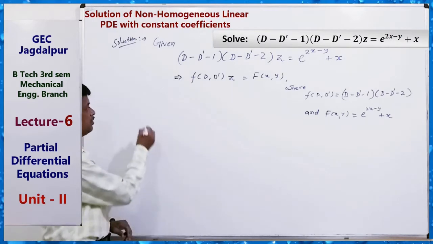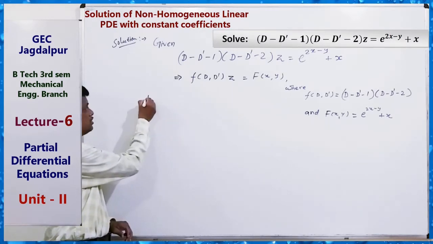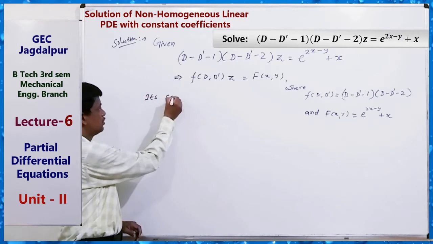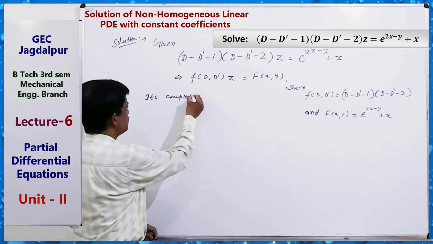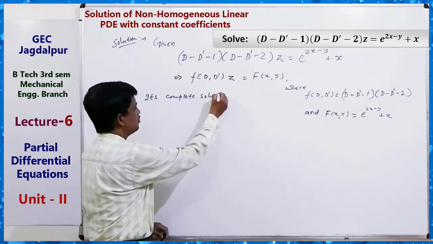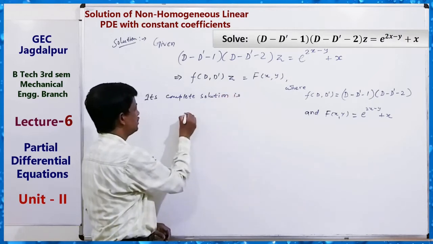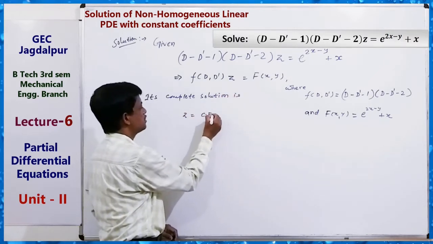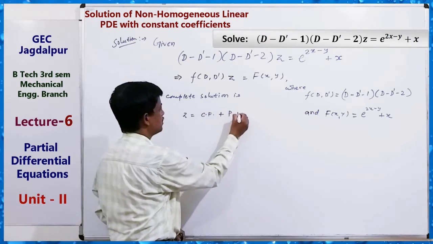Okay. Its complete solution is z equals CF plus PI.